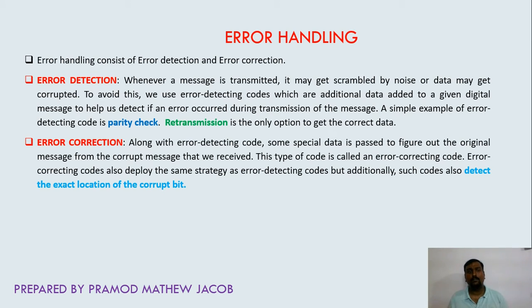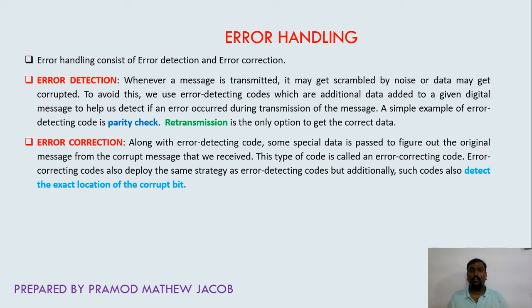A simple example of an error detecting code is parity check. We will learn about these mechanisms in detail in the coming slides. Error detection will identify only whether an error has occurred or not. There is no error correction mechanism in case of error detection. So retransmission of the data is the only option to get the correct data.